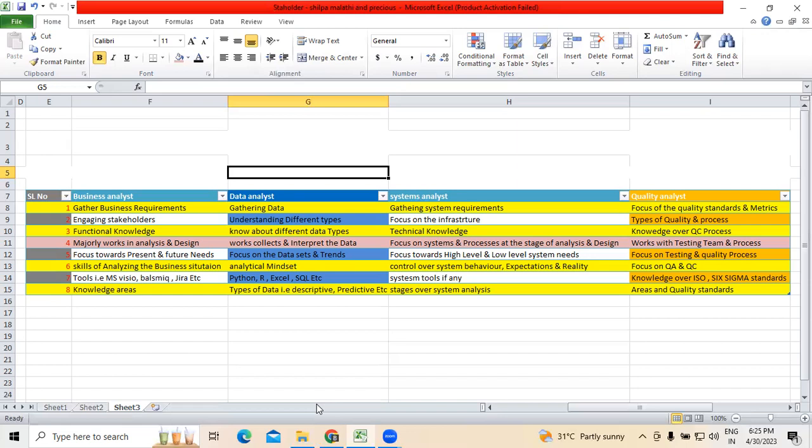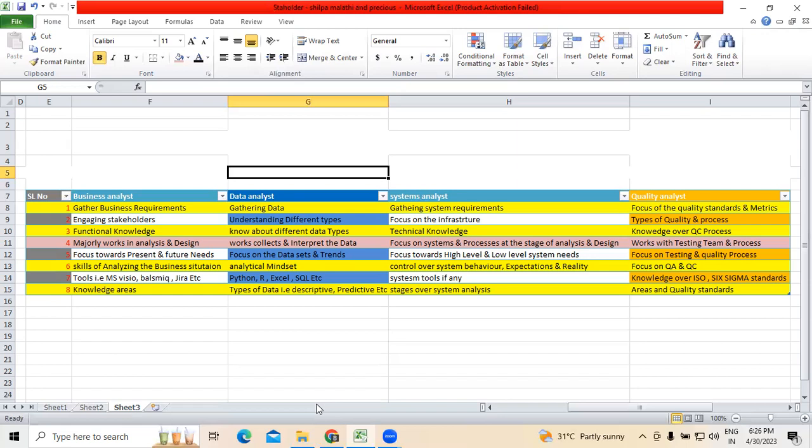These are the functional skills a BA should have. Technical knowledge is an add-on, because some people come from a technical background to business analysis, and some come from a functional background to technical roles. So functional knowledge is essentially important, and technical knowledge is equally required.